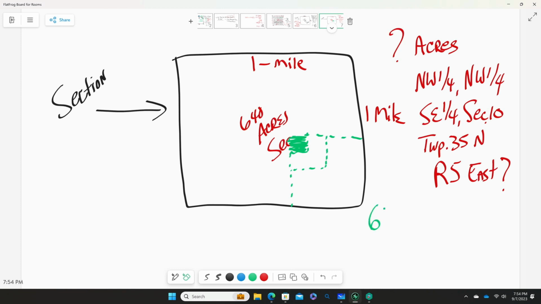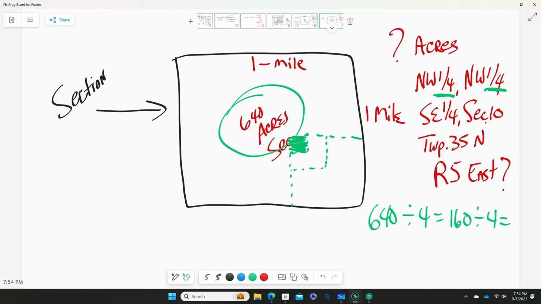You put 640 in your calculator because that's how many acres are in a section, right? And we divide by 4. So 640 divided by 4 equals 160. And we divide by 4. And we get 40, right? And we divide by 4.